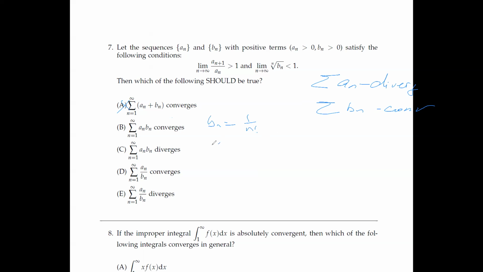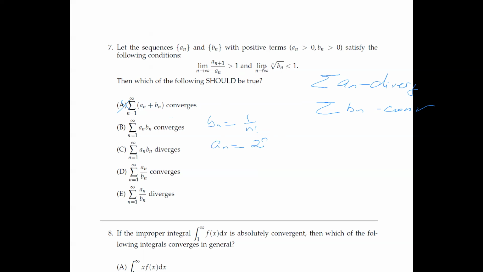And a(n) is 2 to the power of 2 to the power of n. This is fine. Of course, a(n+1) over a(n) is just 2, so the limit is 2, greater than 1.